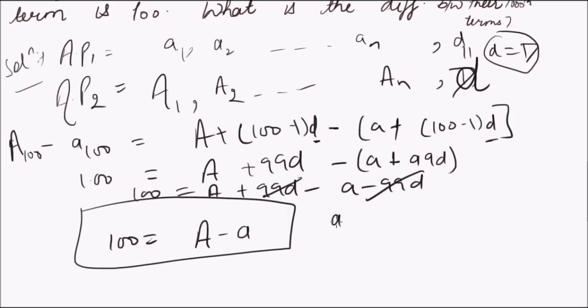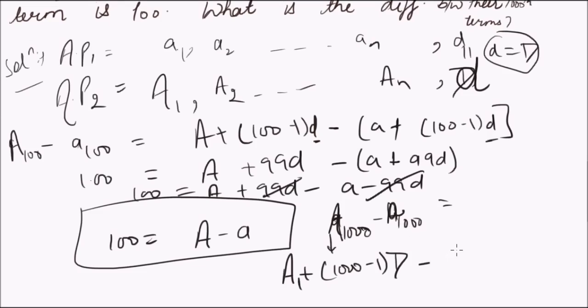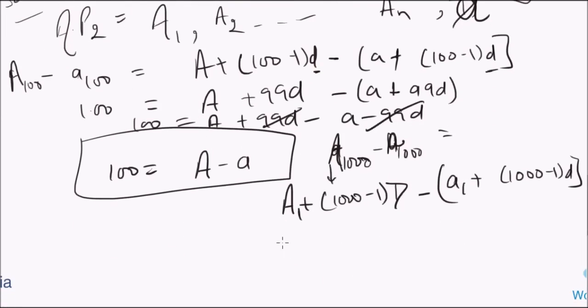Now we have to find the difference between their 1000th terms, that is capital A1000 minus small a1000. Capital A1000 will be capital A1 plus 1000 minus 1 into capital D, minus small a1000, which will be small a1 plus 1000 minus 1 into small d, which gives us A1 plus 999d minus a1 minus 999d.